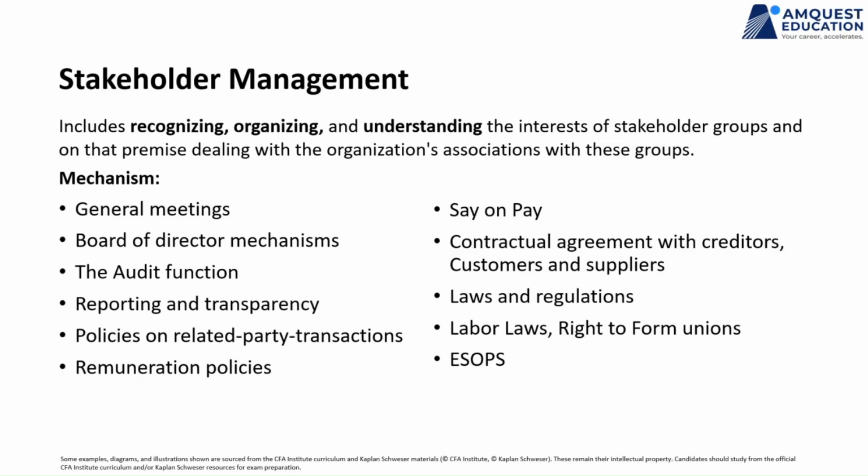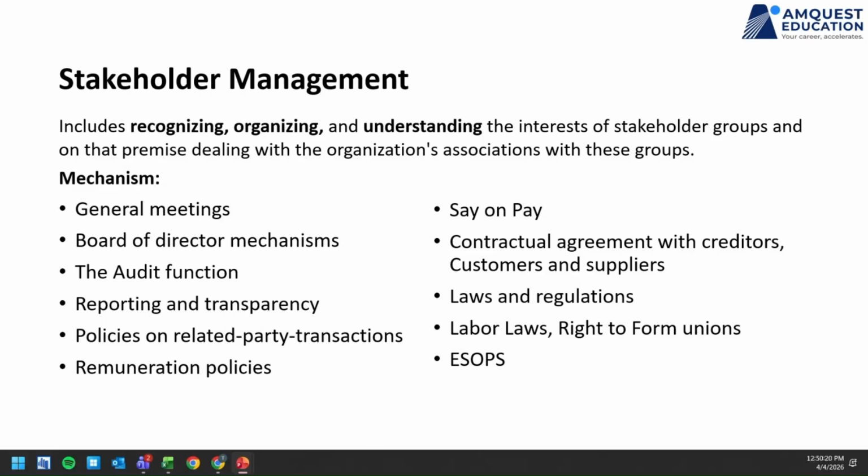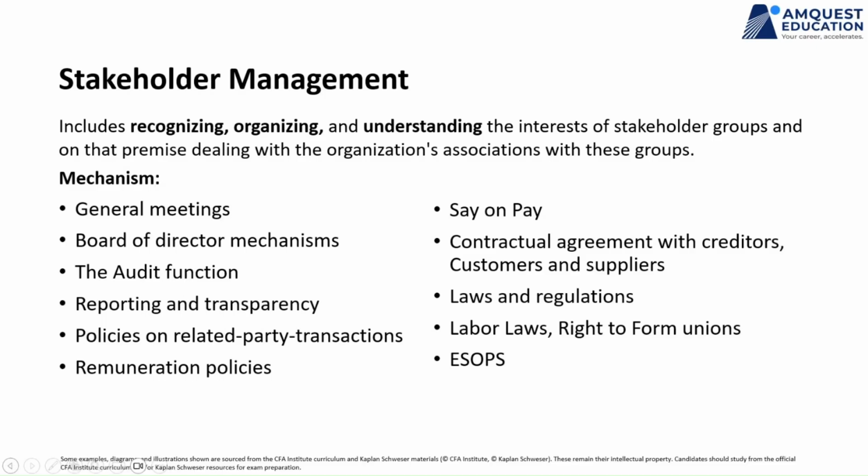The mechanism to do this is first general meetings. The companies should conduct general meetings, and by way of general meetings, the companies should present their performance, discuss things necessary from a stakeholder perspective.